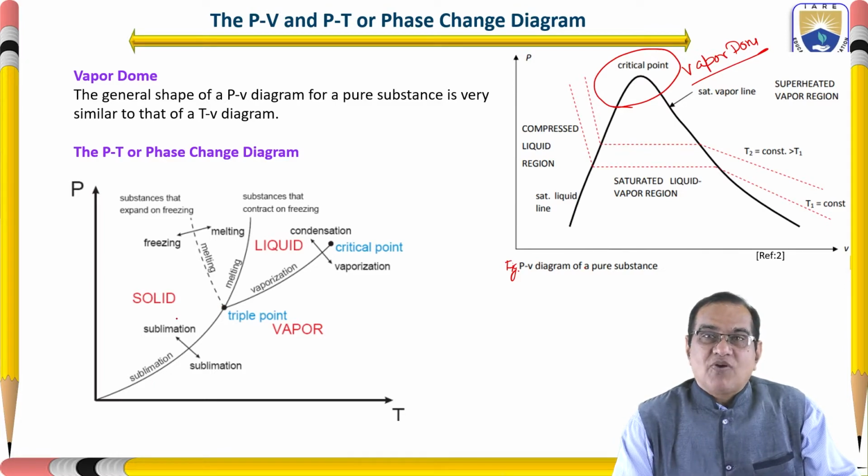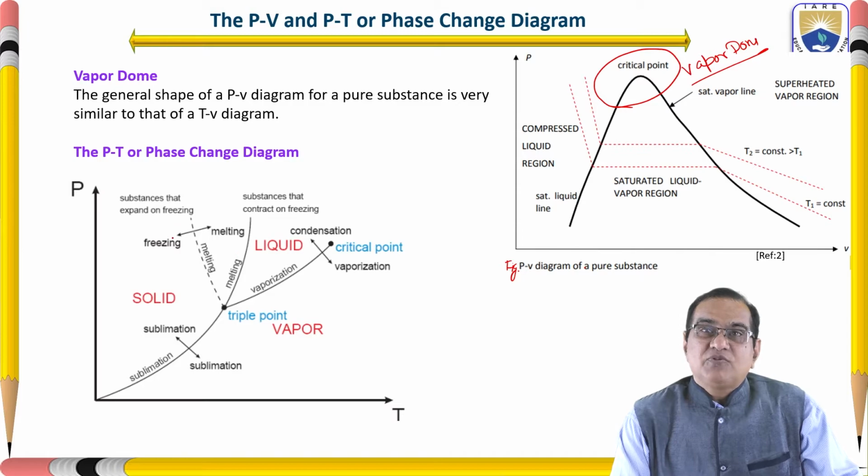So sublimation means what? If this is the solid and you give some heat, this solid will become vapor. This is called sublimation. And if it is frozen and you give some heat, it will melt, and after that it becomes liquid. From liquid it can be vaporized.